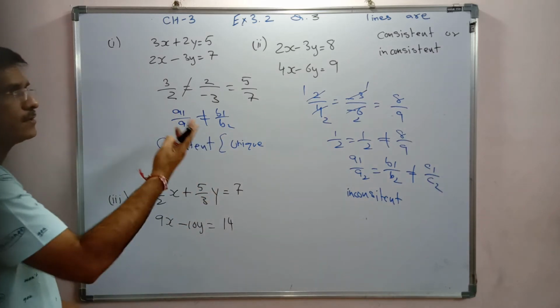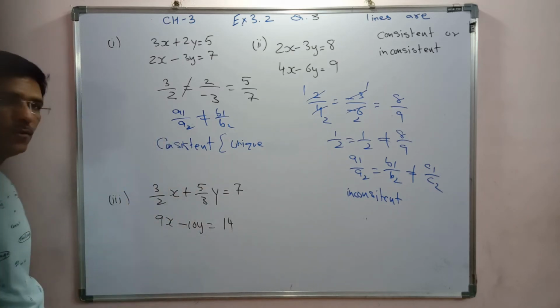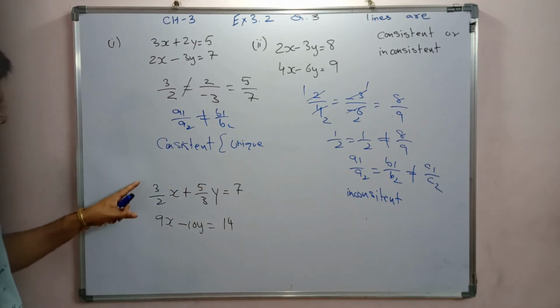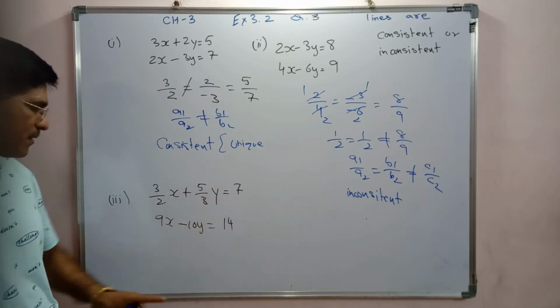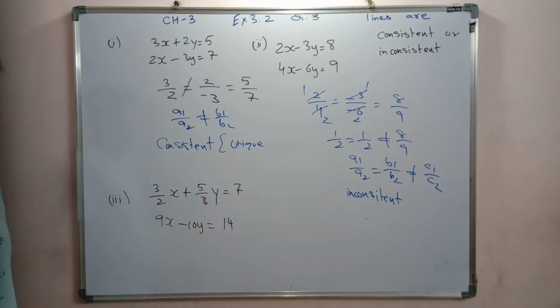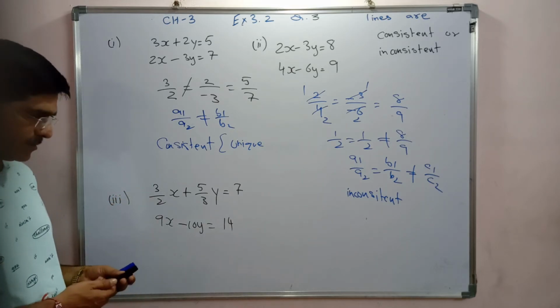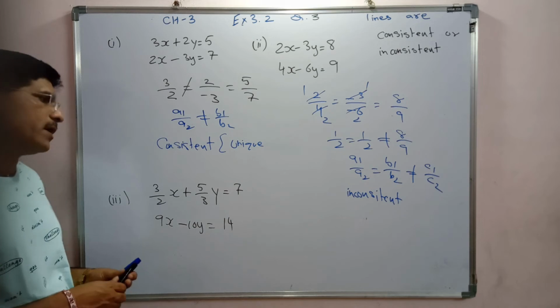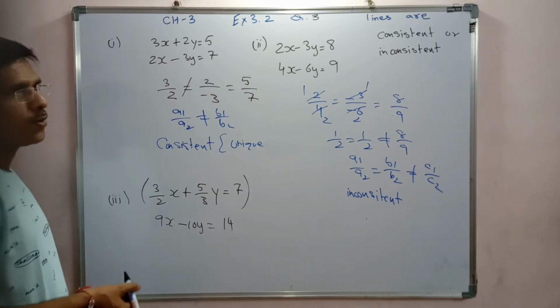There are 5 sums in exercise 3.2. Out of 5, 3 we have to do here now. So 3 by 2x plus 5 by 3y is equal to 7, and 9x minus 10y is equal to 14. When numerators and denominators are given in the question, it is easy: first we multiply by 6 to get proper coefficients.